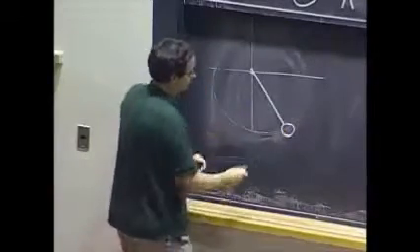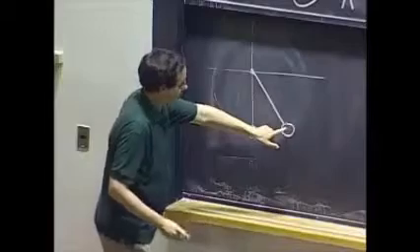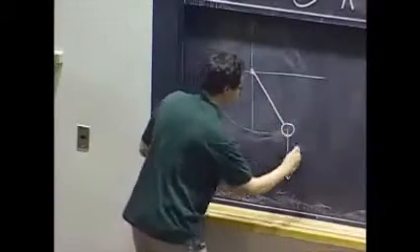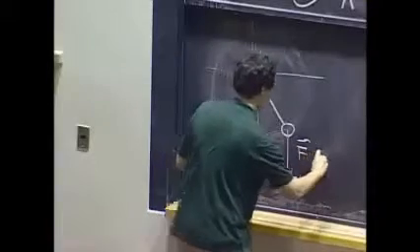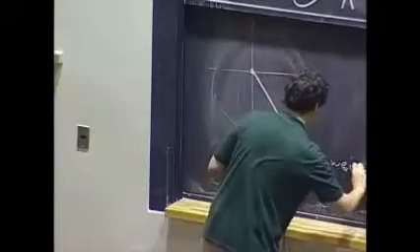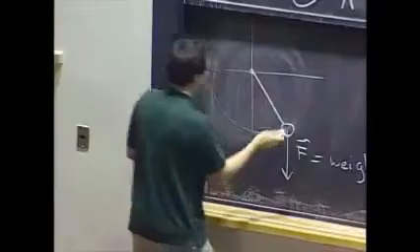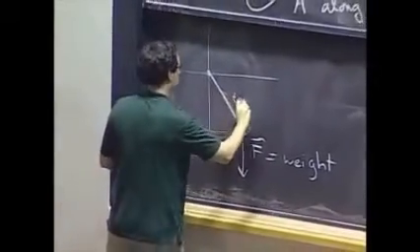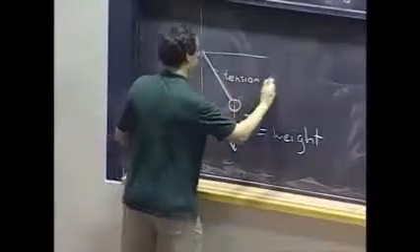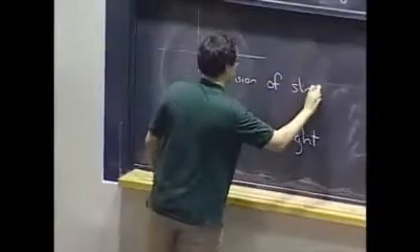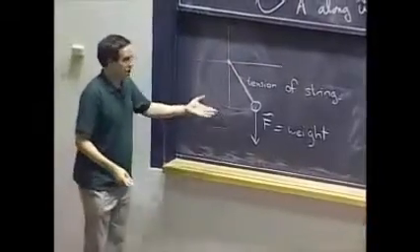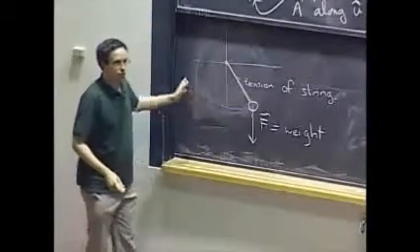So what are the forces exerted on this pendulum? Well, there's its weight, which usually points downwards. And there's the tension of the string, and these two forces together are what explains how this pendulum is going to move back and forth.